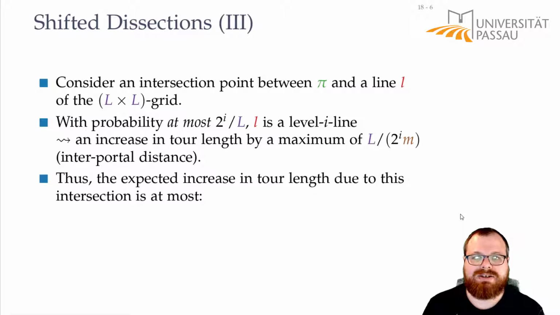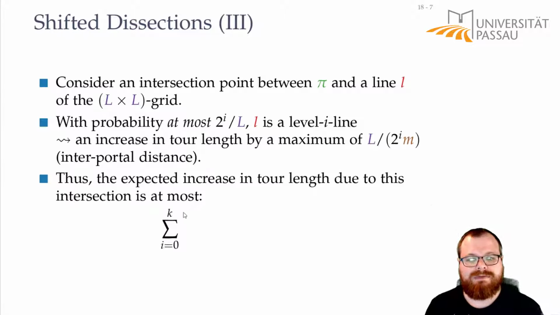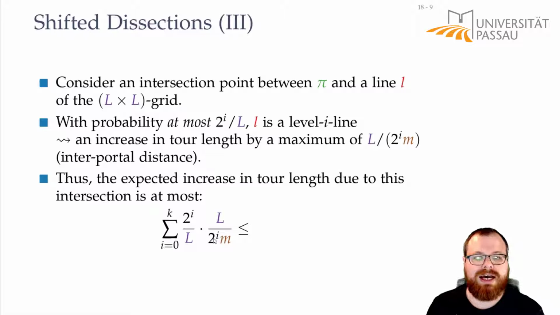So the expected increase of the length of the tour for this one intersection point is, for every level, the probability that the line is of this level multiplied with the maximum increase for this level. And then the 2 to the I and the L, they cancel out. So for every level, the probability that it happens multiplied by the increase is 1 over m.